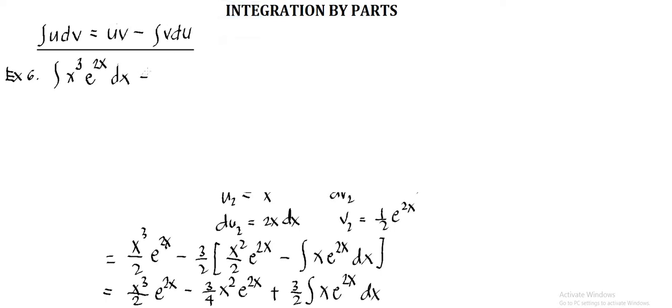So, equal na ito ngayon sa x cubed divided by 2, and then e to the 2x, and then minus 3/4 x squared e to the 2x, and then plus 3 over 2 integral of x e to the 2x dx.